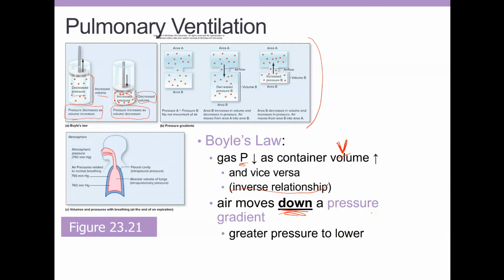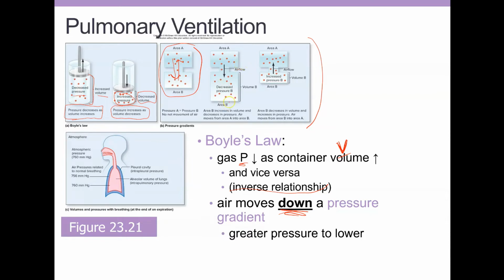So it's similar to that pattern that we see in diffusion with solutes moving. But it's essentially the diffusion of the gas down the pressure gradient. So here, there is no difference, so you wouldn't have any net movement. Yes, you could have some molecules moving that direction, but you'd have them moving this direction at the same rate.